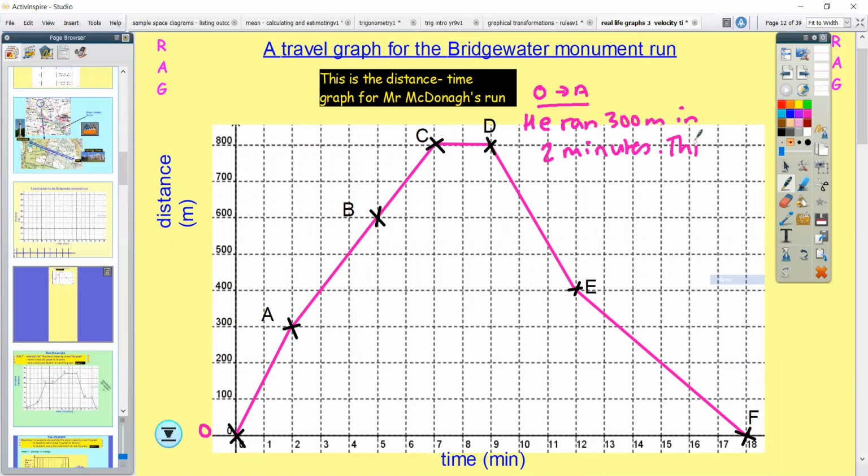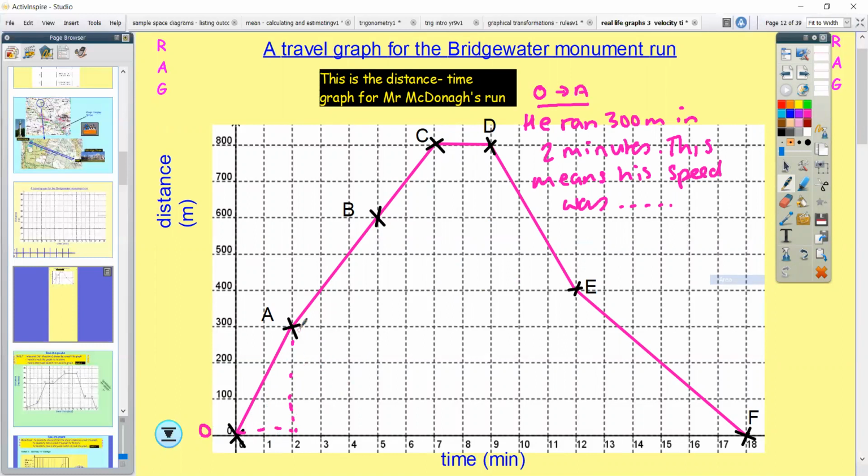Okay, so this means his speed was, and you can give that value there. Obviously they can be encouraged to use the triangle method if you want, or whatever method you prefer. But the triangle method is going to work nicely here.